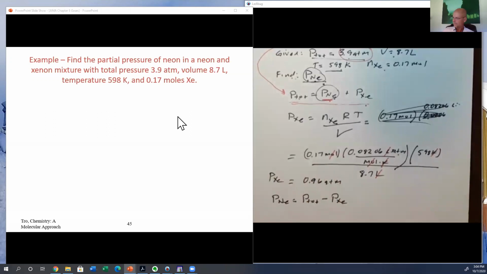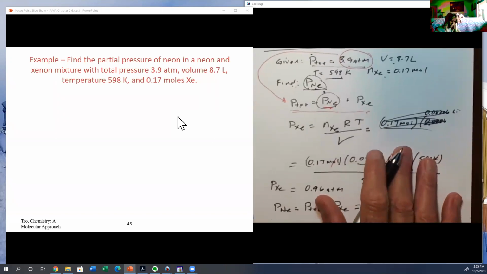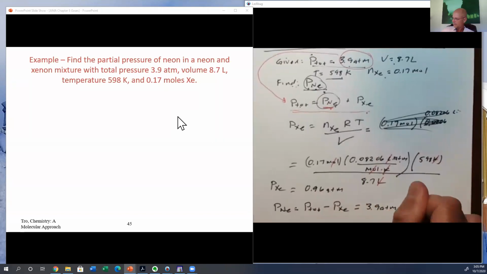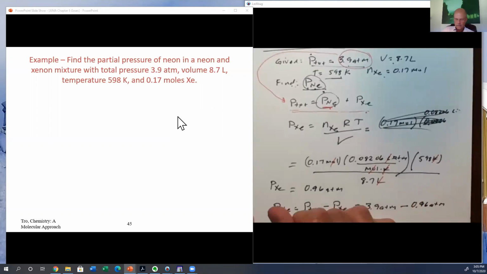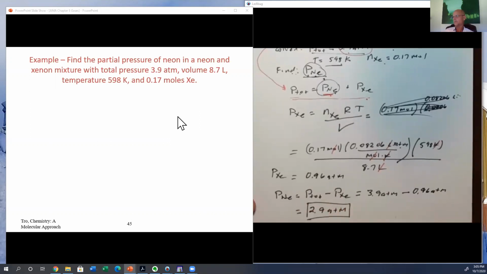The total pressure is 3.9 atmospheres minus 0.96 atmospheres, and if you subtract that, I get 2.9 atmospheres for my partial pressure of neon.